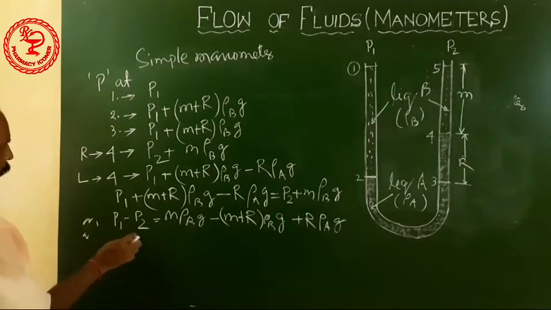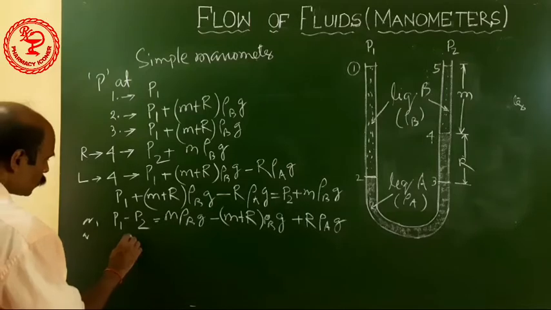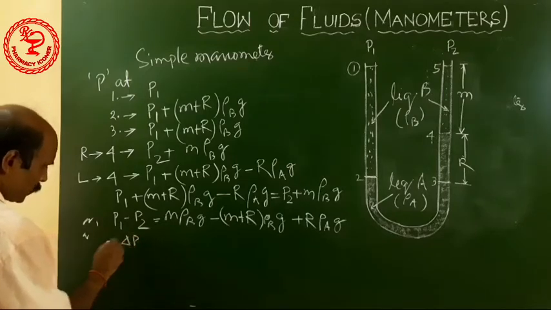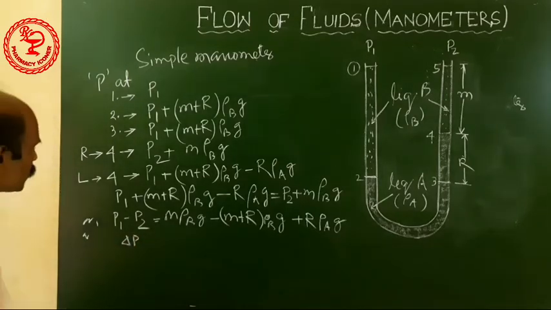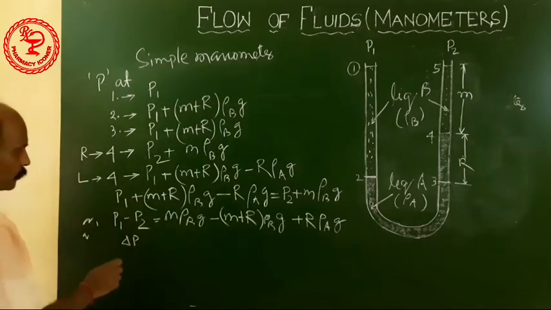or P1 minus P2 is equal to delta P, the pressure difference, pressure 1 minus pressure 2, pressure is higher.